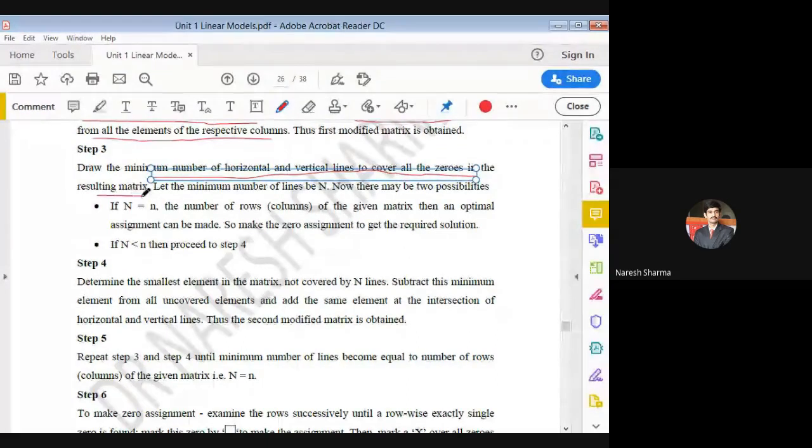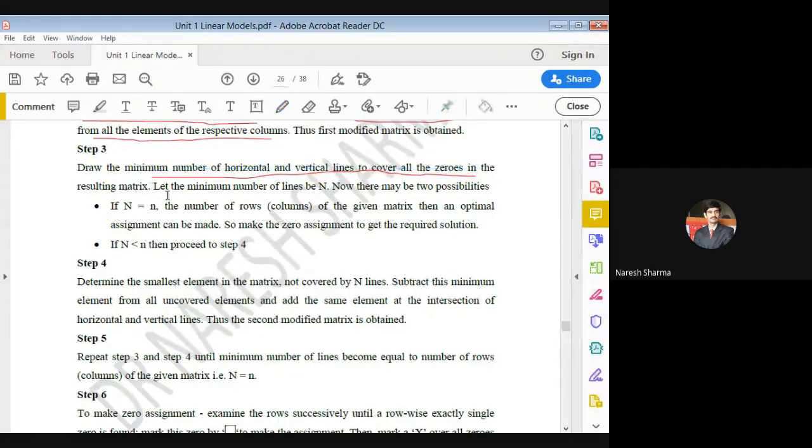So we get a matrix after subtracting the minimum element from each row and column in their respective row and column only. After that we draw the minimum number of lines to cut, or you say cover, all the zeros in the resulting matrix.